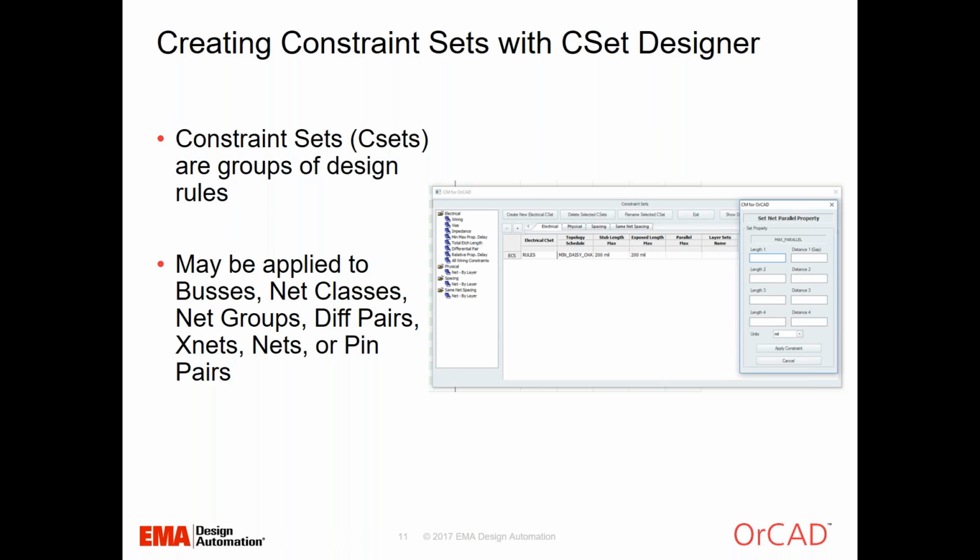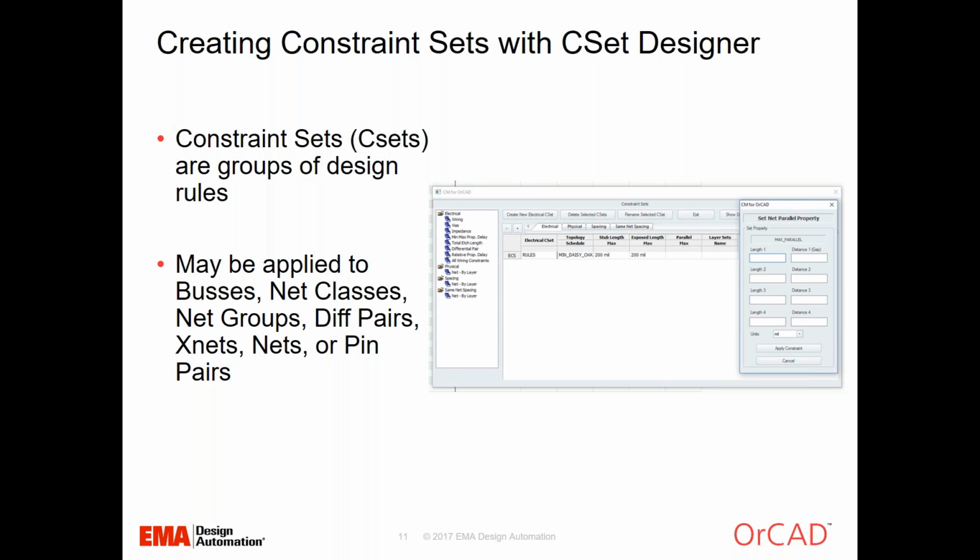CM for OrCAD includes C-set designer, which allows you to create constraint sets. The concept behind constraint sets, or C-sets, is that very often you will have one or more nets, net classes, or buses in your design that all need to have the same rules. You can think of a C-set as a container for a collection of constraints.